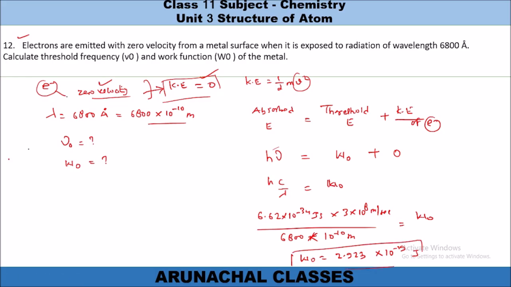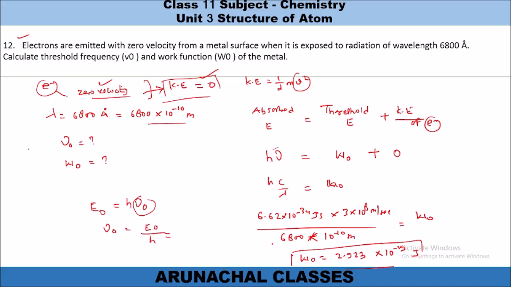Now the work function is given as E₀, in the form of energy, so it will be hν₀. This will be the threshold frequency, which we need to find. It will be E₀ upon h.